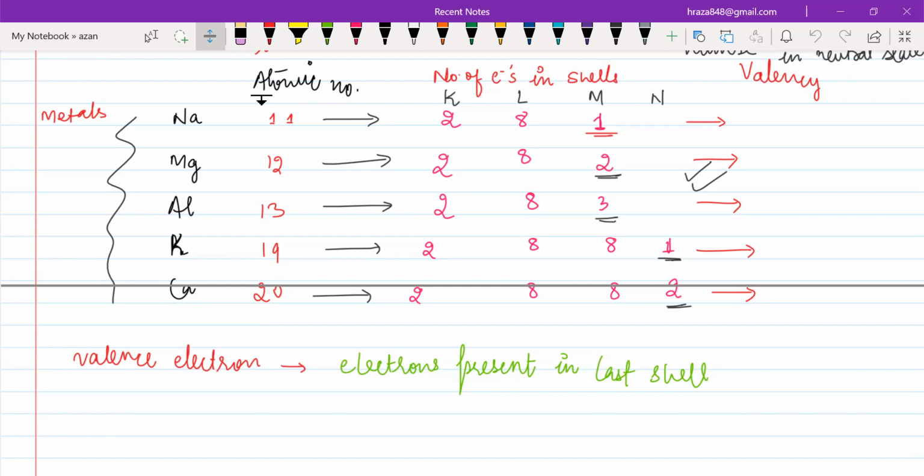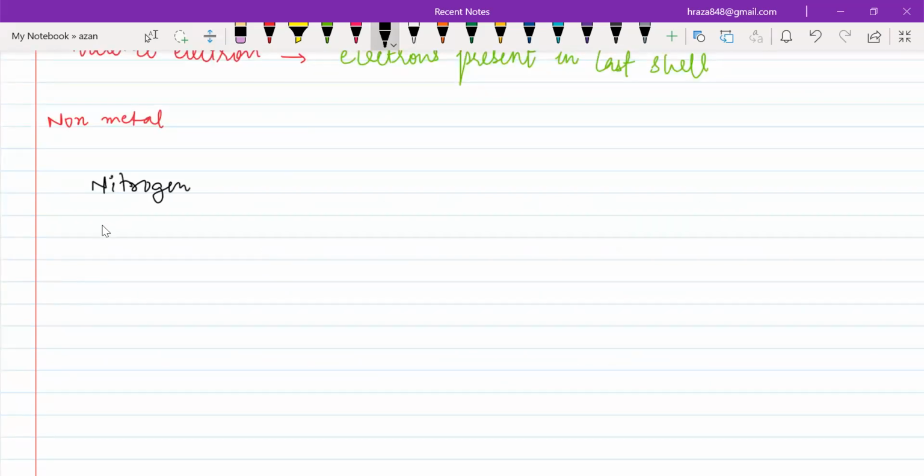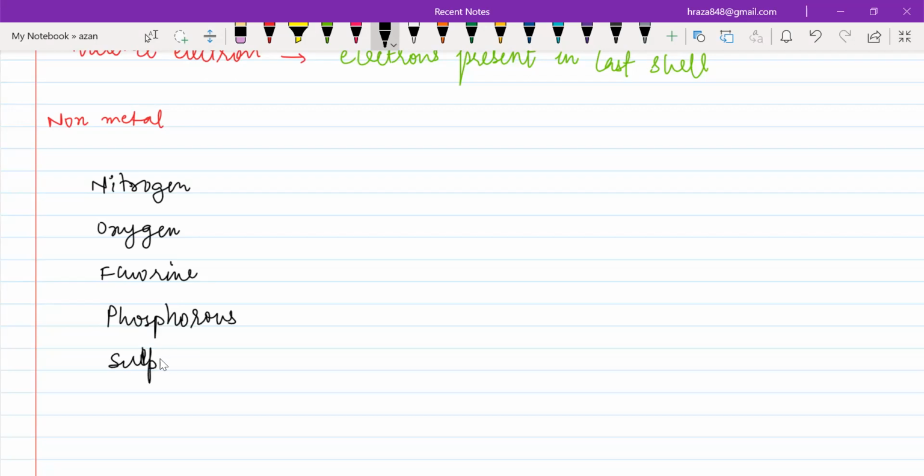Today we are going to start the electronic configuration of non-metals. So the non-metals are nitrogen, and then oxygen, fluorine, then I am taking phosphorus, sulfur, and then chlorine.